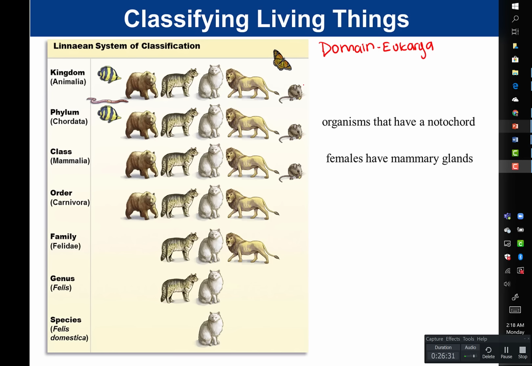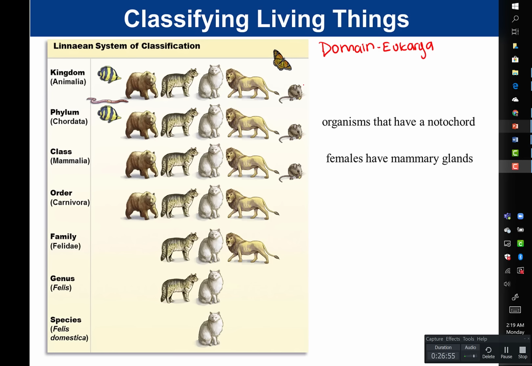Notice that the binomial name has the genus first, it's capitalized, species is second, it's lowercase. So our species is Felis domestica. So think of kind of like our house cats. So notice that when we classify living things, we go from the most broad to the most specific. And the most specific is going to be the species.